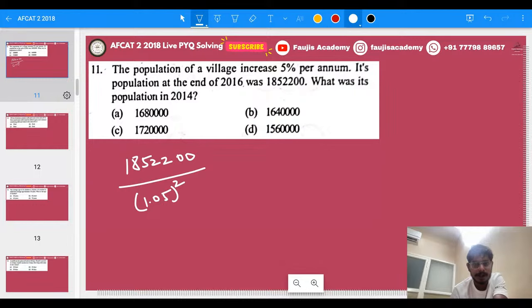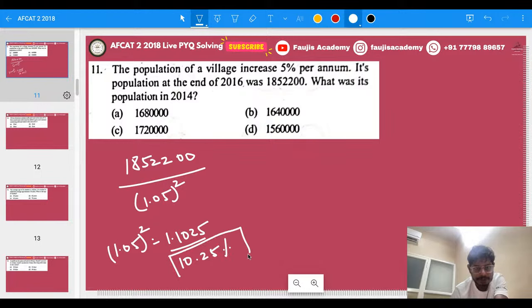Net increase from 2014 to 2016 is happening two times. That means 1.05 squared is nothing but 1.1025. I've done the calculation before, so I remember this value. That means how much? 10.25%. This is the net increase, isn't it?